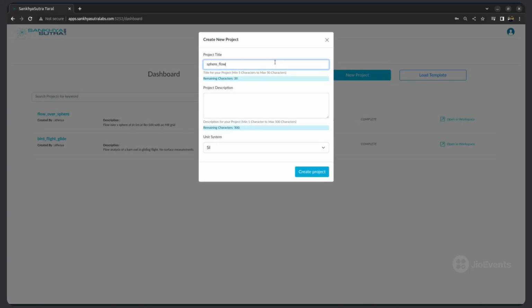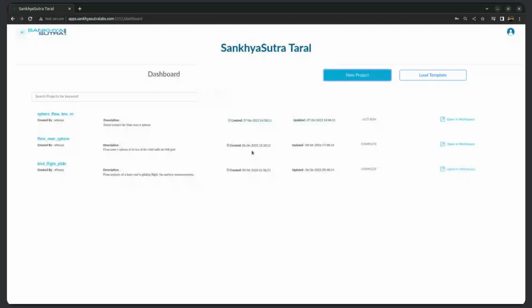So I will call my project sphere flow RE. And I'll give it a description that will help me understand at a later point what I was doing with this. And once you click on create project, that project gets added to your dashboard as you see here.